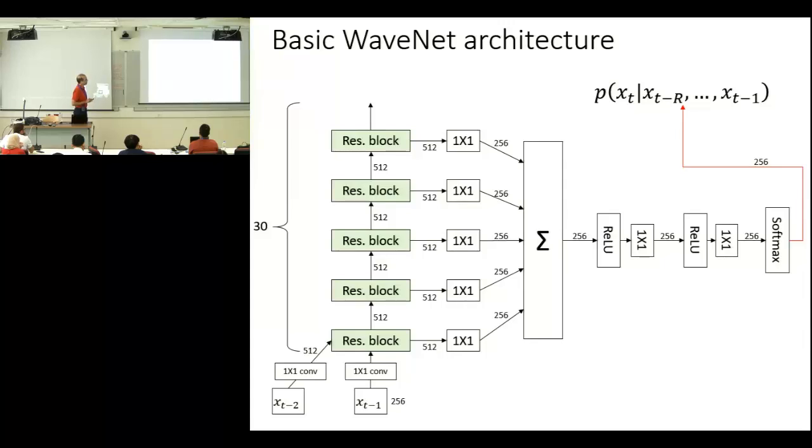What's the use of skip connections? Instead of getting information only from the last layer, we get information from all layers and we sum all of them together in order to make the final decisions.